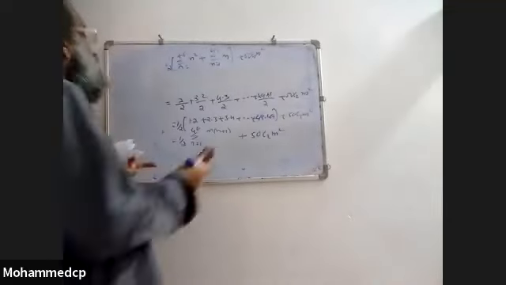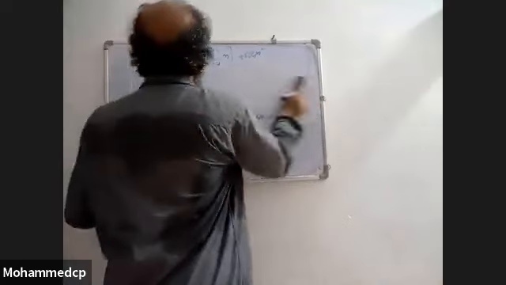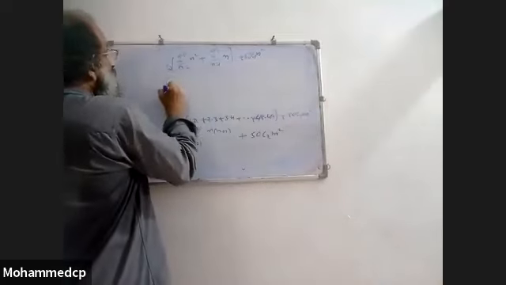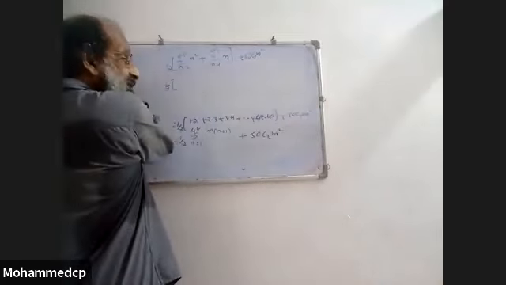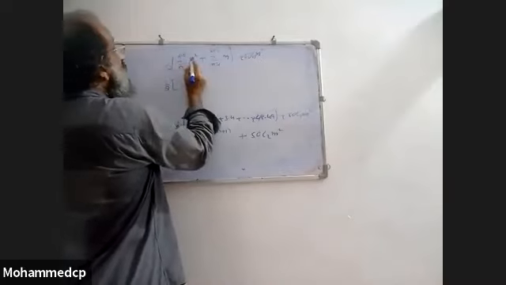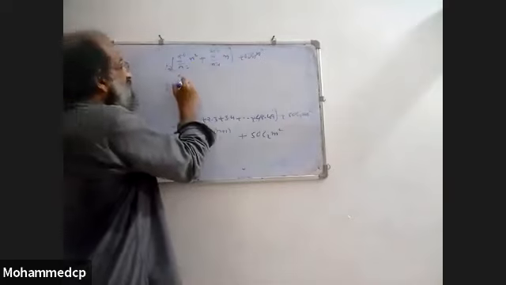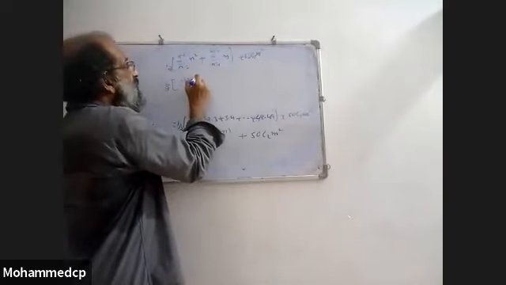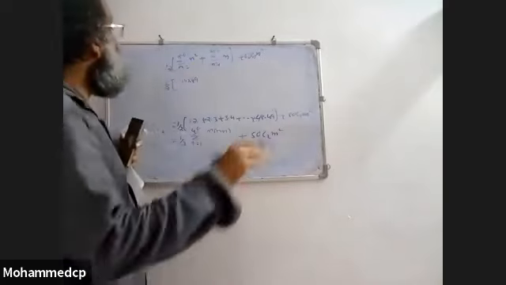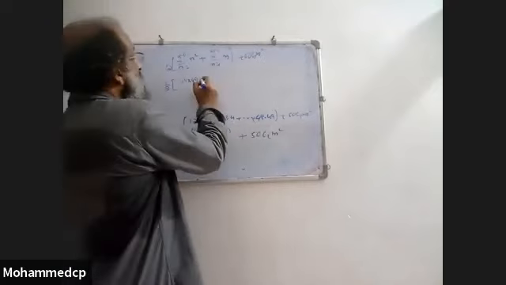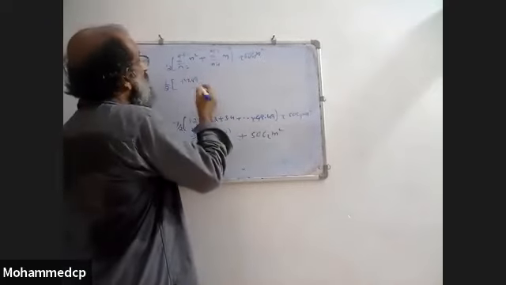We know that the sum of n square is n into (n plus 1) into (2n plus 1)/6. That is 48 into 49 into 97/6.